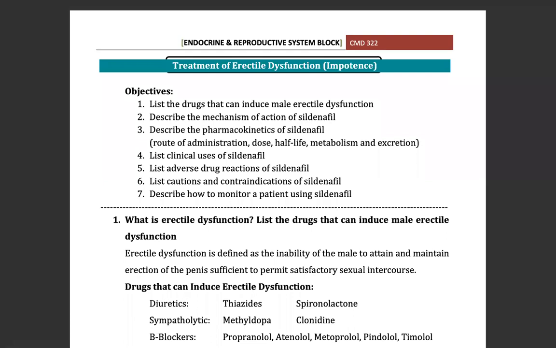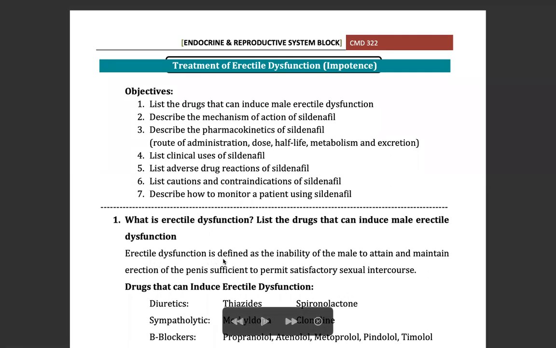Let us see the objectives one by one. First one is, what is erectile dysfunction, and list the drugs that can induce male erectile dysfunction, or we can say the drugs which can induce impotence.